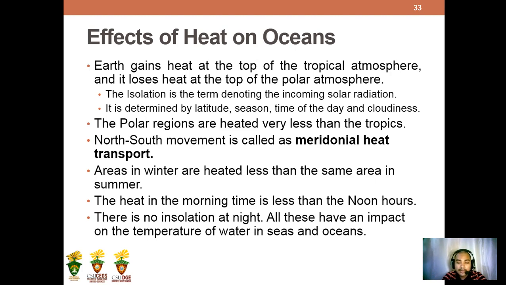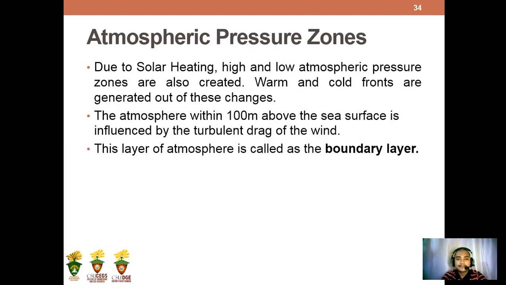And all these have an impact on the temperature of the water in seas and oceans. In the morning it is not hot, at noon it is hotter, so it can affect the temperature of the seawater. Due to solar heating, high and low atmospheric pressure zones are also created.